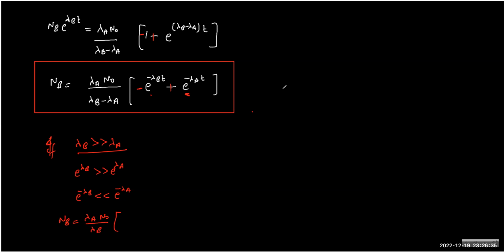So Nb into e power lambda b t, and this is 0, this is 0. Correct. That is 0, that is 0. So this term should get cancelled, so we can ignore this. So now we have e power minus lambda a t, but this term is remaining. I mean lambda a and lambda b should cancel out. So something I have missed. What have I missed?